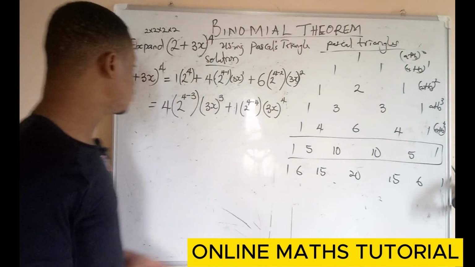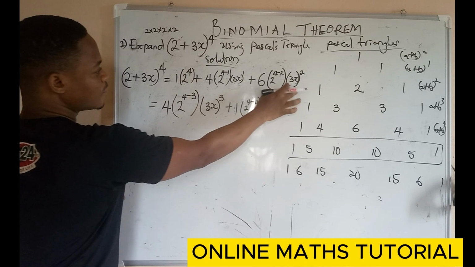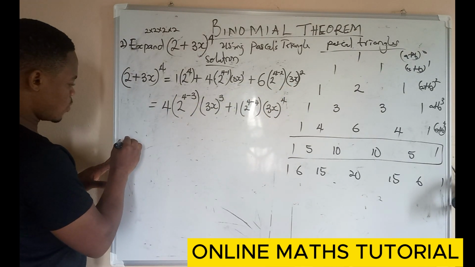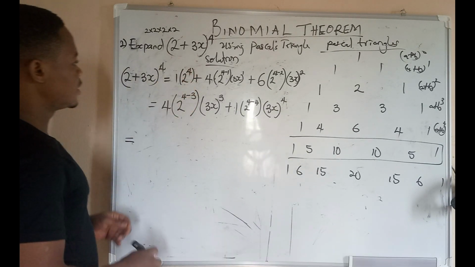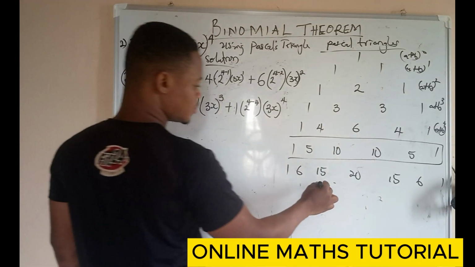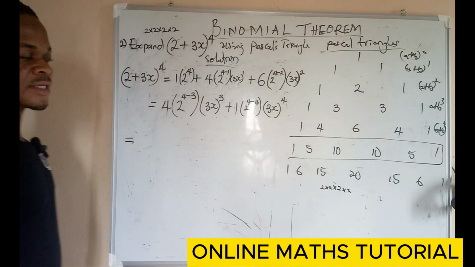The next thing we'll do here is we resolve all this. So we have 2 raised to the power 4 is 16, which is 2 times 2 times 2 times 2. And that will give us 16.